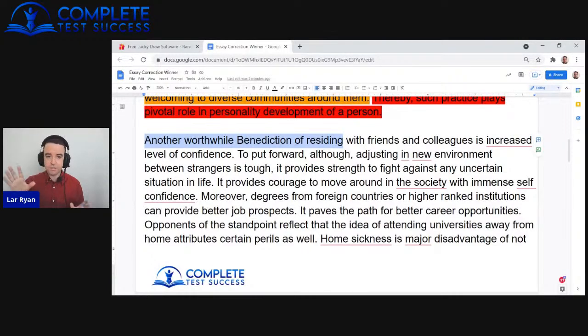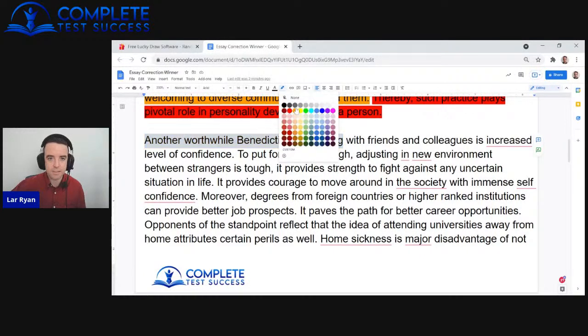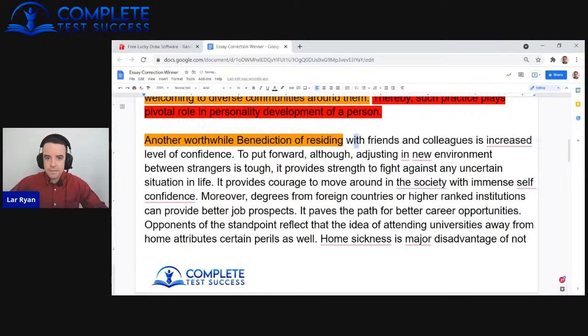But at the moment, it's like a puzzle because the vocab is so complicated. "With friends and colleagues" doesn't make sense because we're talking about fellow students, not working colleagues. "Is increased level of confidence."